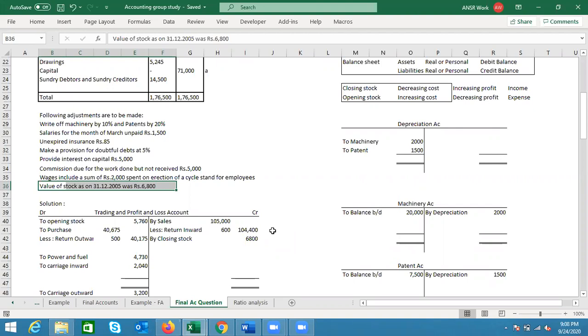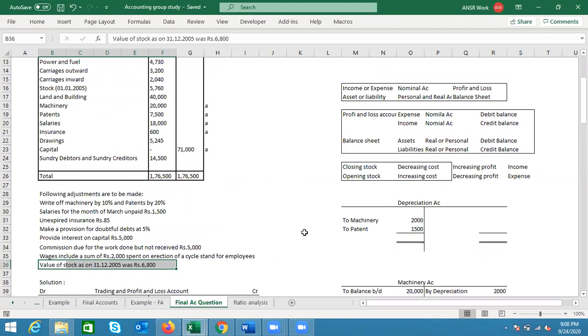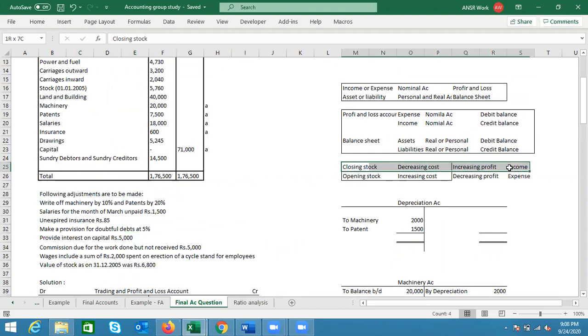Can somebody tell me what is the other leg of this particular transaction? What is the first aspect that got affected? When there is a closing stock, in a nutshell, we will have to decrease the cost. Why?